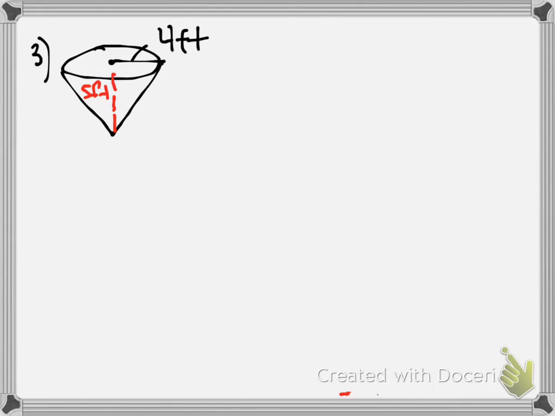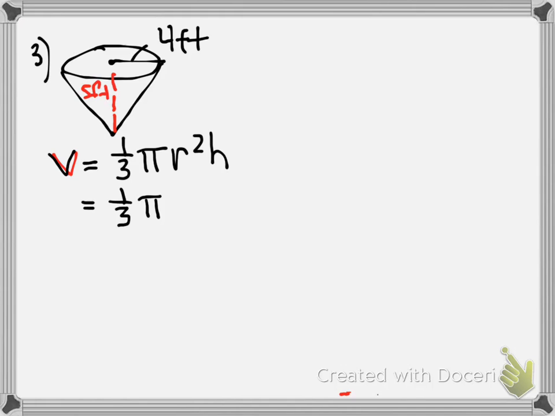So what's the formula for the volume of a cone? Let's go back. That's the weird part, is we have to put in the 1/3. So we plug in our numbers, and we have 1/3 pi, 4 squared, times 5. So 4 squared is 16, times 5, times 1/3 pi.